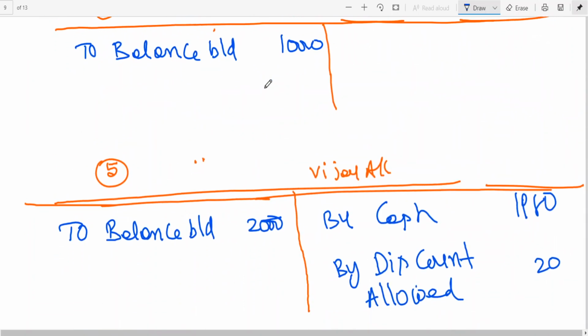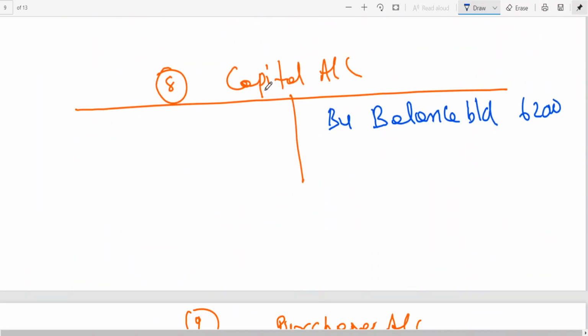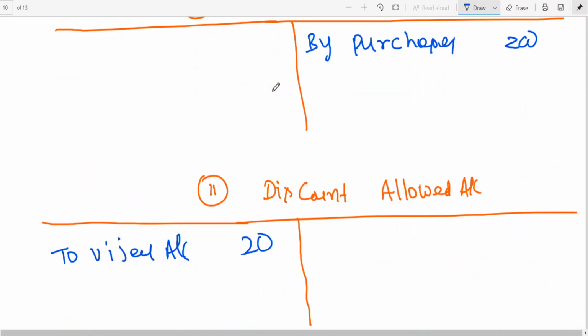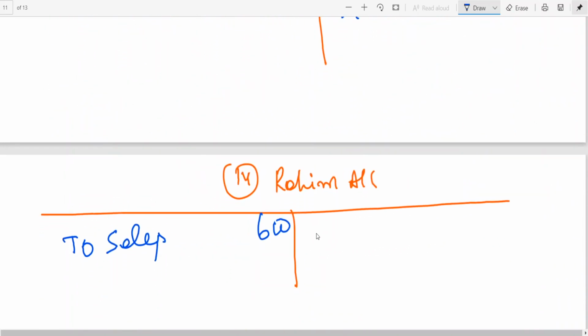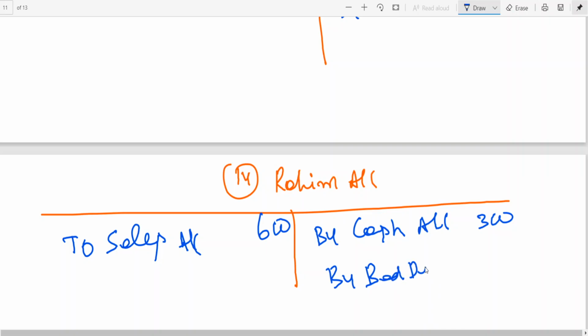Then in Rahim account you should write by cash. Better you write A/c account. By bad debts 300. Why? Because he has become insolvent.